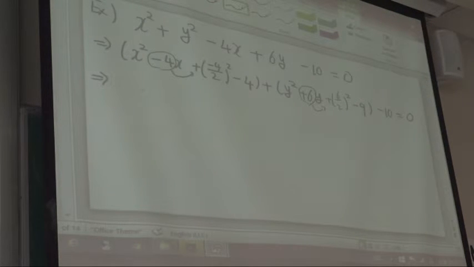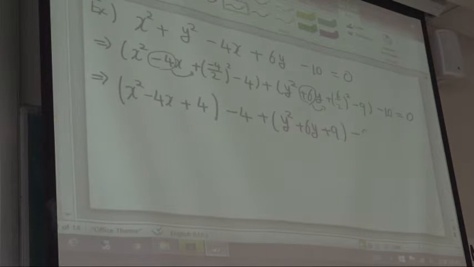Now I want to regroup that as x squared minus 4x plus 4, and then split the negative as outside. So take this out, and then we have y squared plus 6y plus 9, and take this negative 9 outside of the parentheses. Then this is x and complete the square.